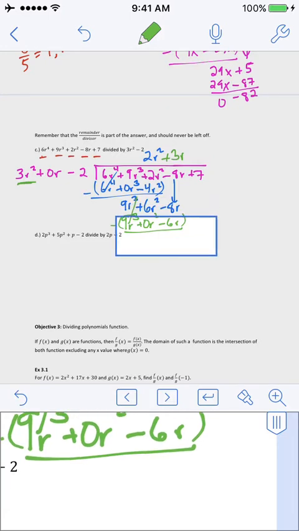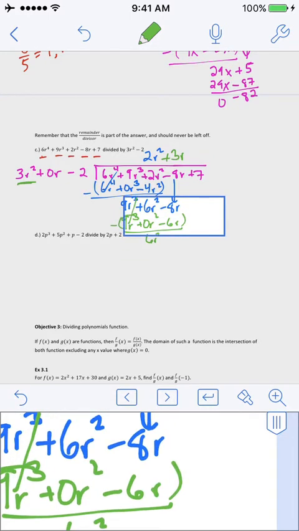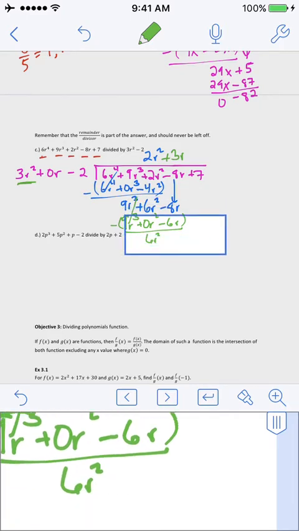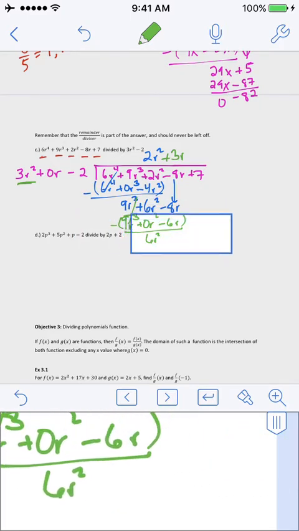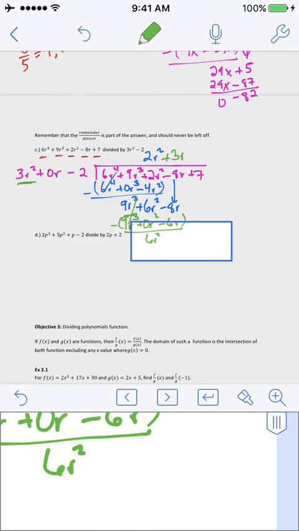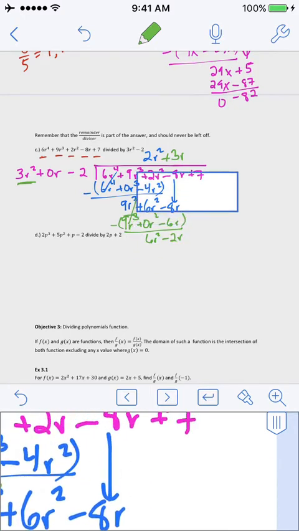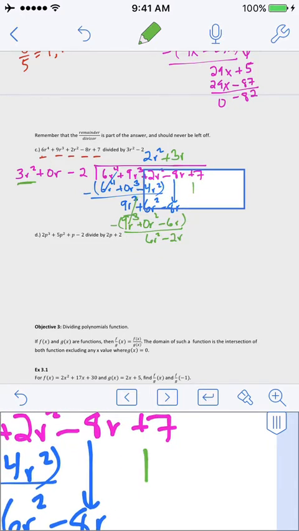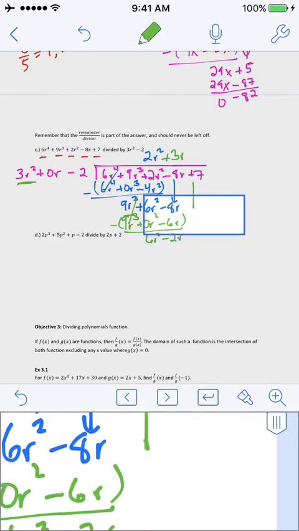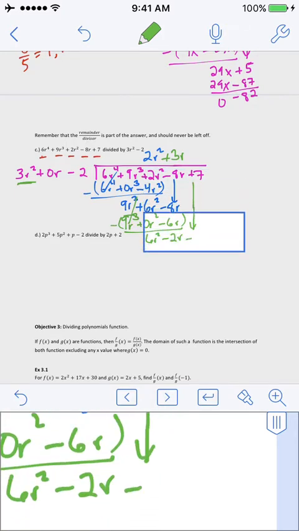We end up getting 6 minus 0, which gives us 6r squared. Negative 8r minus negative 6r gives us a negative 2r. And then we drag the 7 down. Plus 7. And we're ready to start our last round of this.